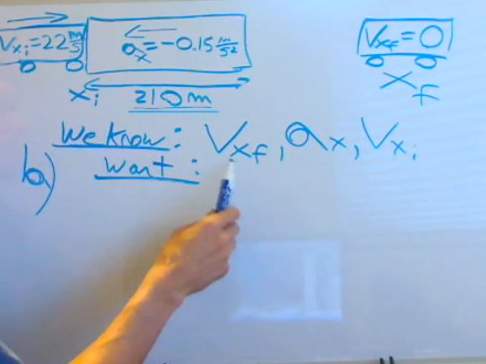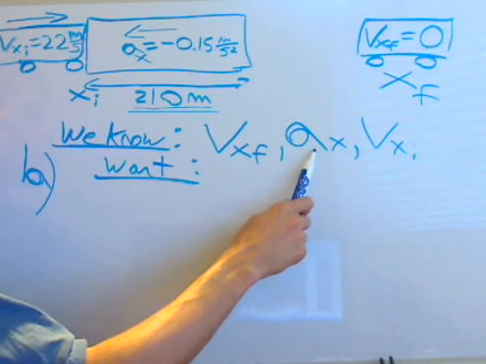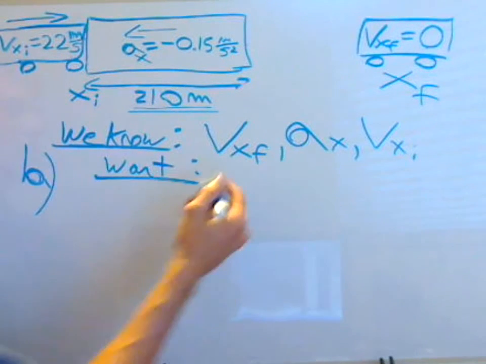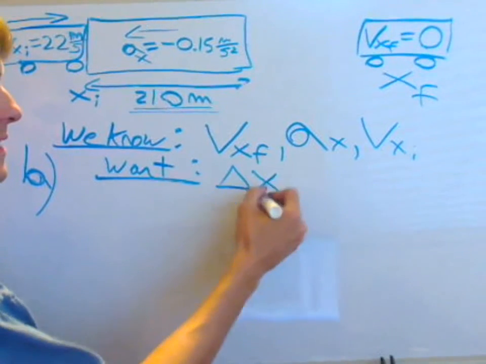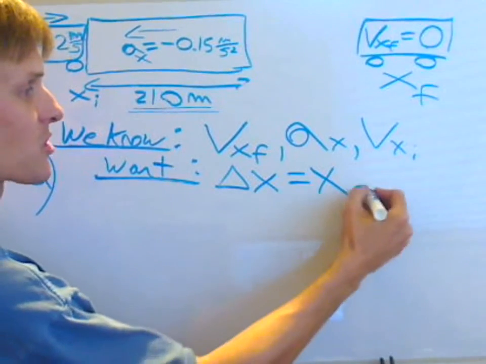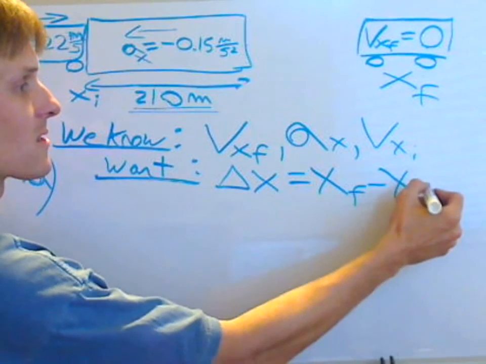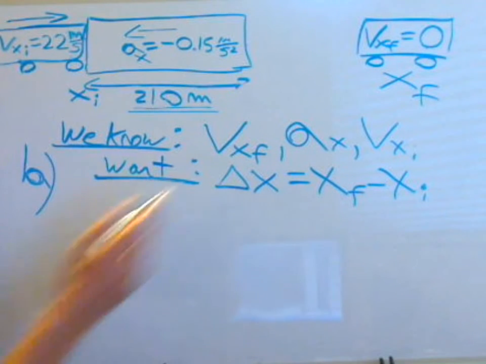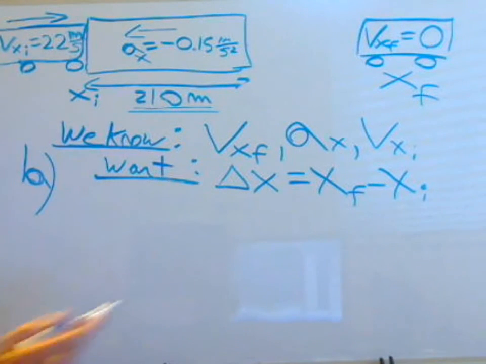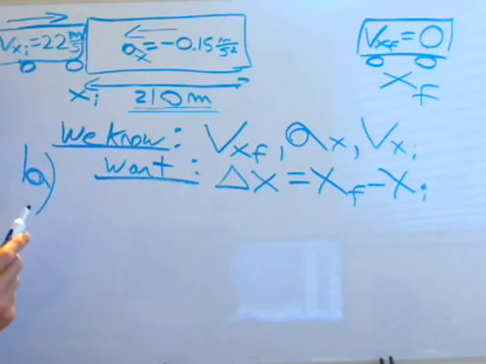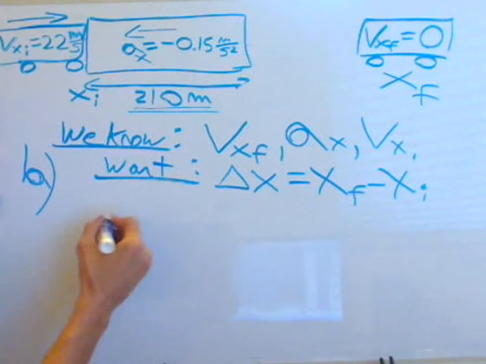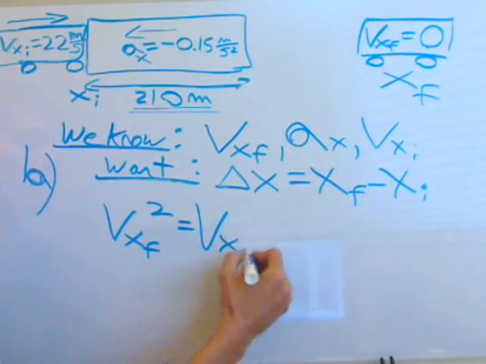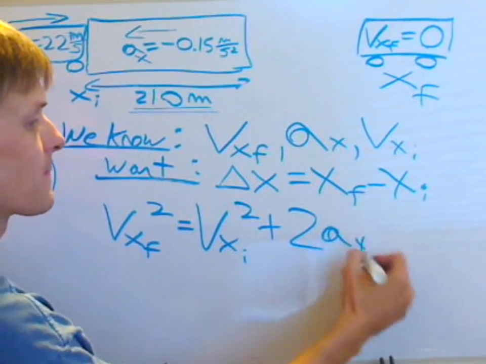It's similar, but it's slightly different. We know acceleration, initial velocity, and final velocity this time. But what we want is the displacement, delta x, or the final position minus the initial position. That will be our answer. Okay? That'll give us the stopping distance of the train. Okay? So the set of variables that we're concerned with here is exactly the same as what we had in part A. So therefore, we're going to use the exact same equation here to solve the problem. Okay? And that's this one.